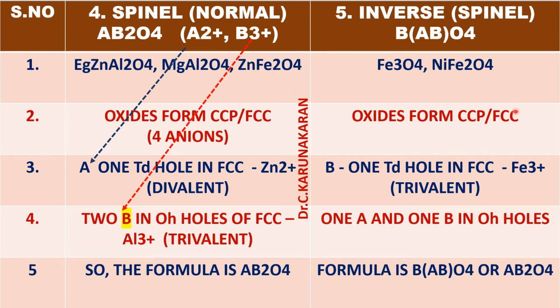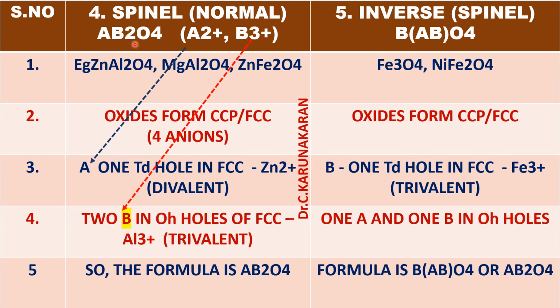Similarly, here also. Now, this A divalent ion occupies one of the tetrahedral holes in FCC, because only one is present, AB type. Therefore, A is occupying one of the tetrahedral holes in FCC. For example, Zn2+, divalent.